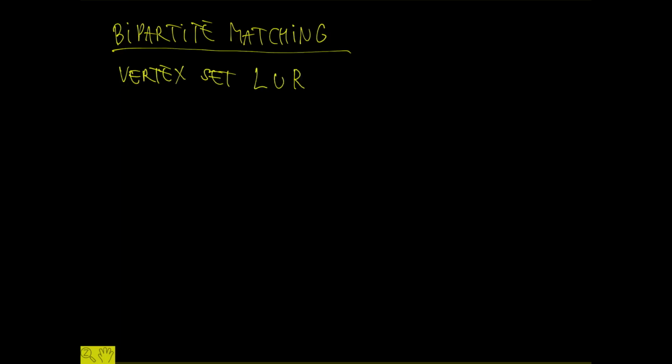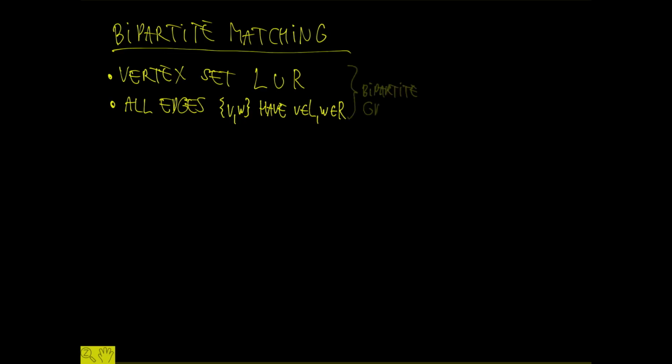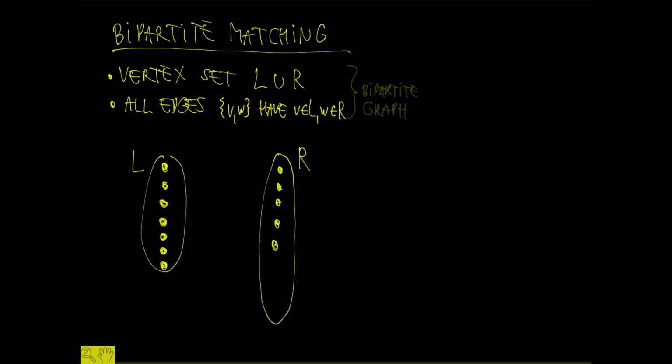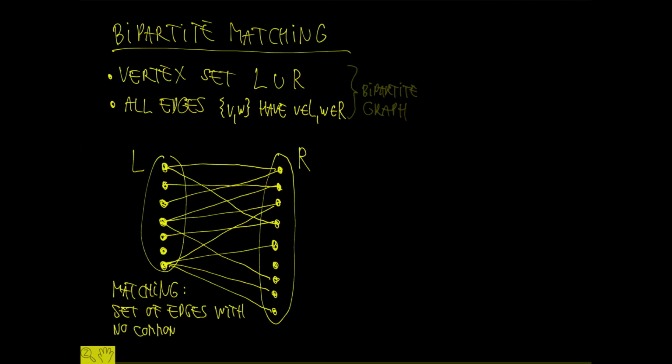In the bipartite matching problem, we have a bipartite graph. That is, the vertex set consists of two sets L and R, for left and right, respectively, and all edges go from one set L to the other set R. So a bipartite graph can look something like this. A matching in the graph is a set of its edges that do not share any common vertex.